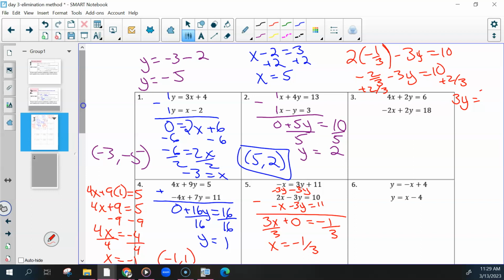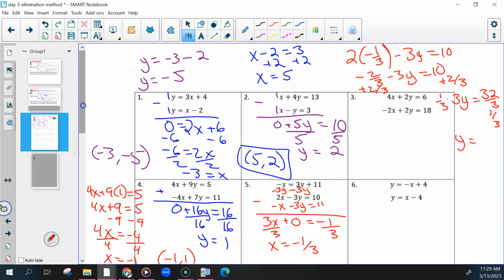It's some weird fraction, 32/3. And then to get y by itself, normally we would divide, but that would be dividing by a fraction. So instead, we're going to take the reciprocal and multiply it on both sides.